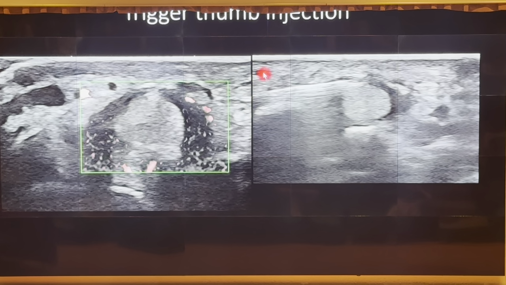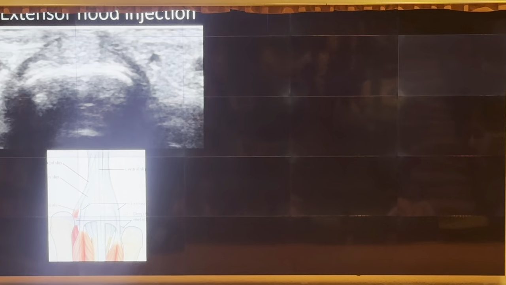injection. But before you perform the injection, you should be careful, because you can see the common digital artery and common digital nerve beside the flexor tendon. So the most important thing is not only to find the needle tip and the target, you should also check where the common digital artery and the common digital nerve are, choose the course for the injection, and then perform the in-plane approach.